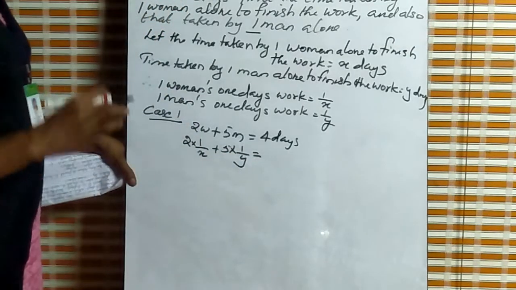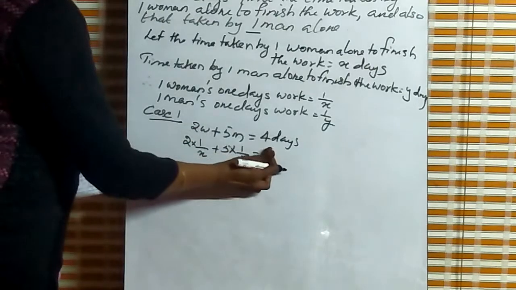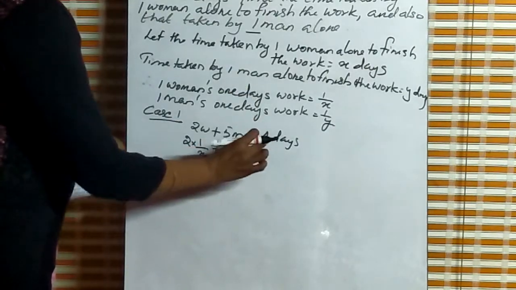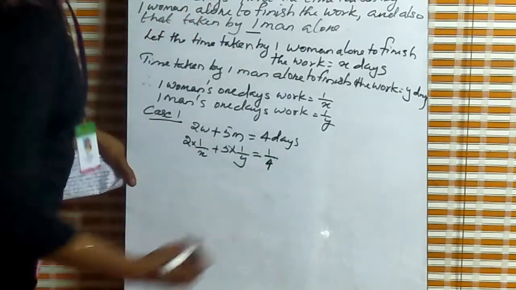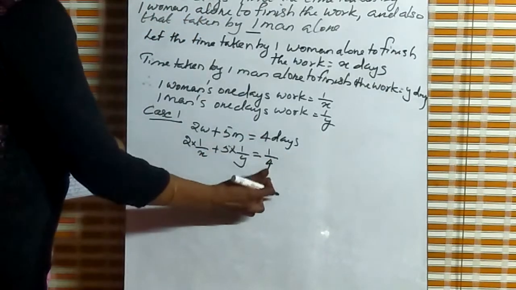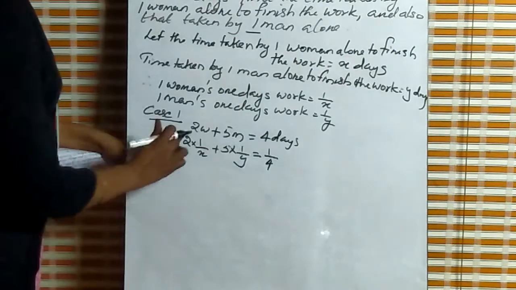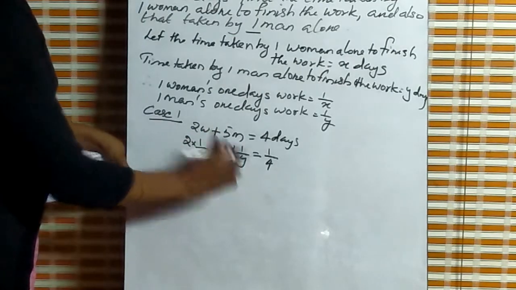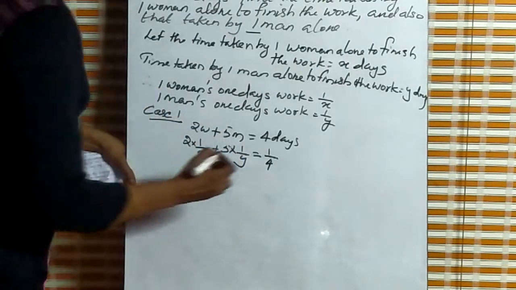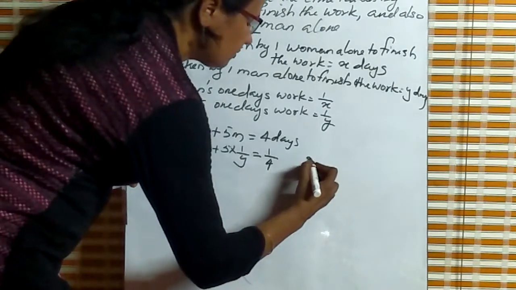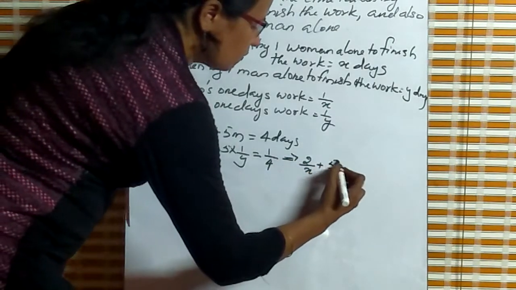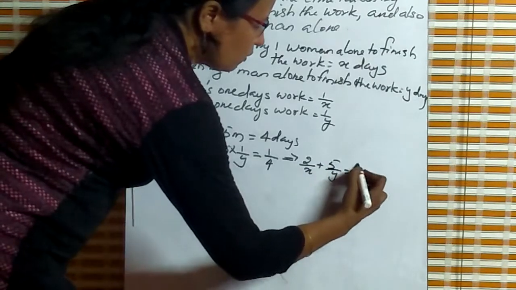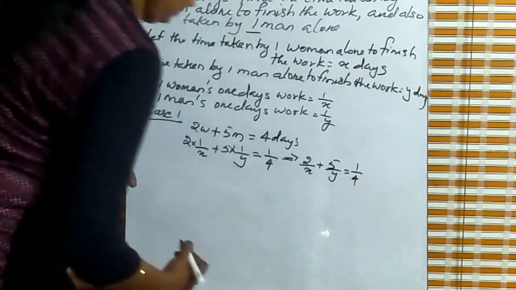They finish the work in 4 days, so their 1 day's work is 1 by 4th part of the work. That is 2 by x plus 5 by y is equal to 1 by 4.